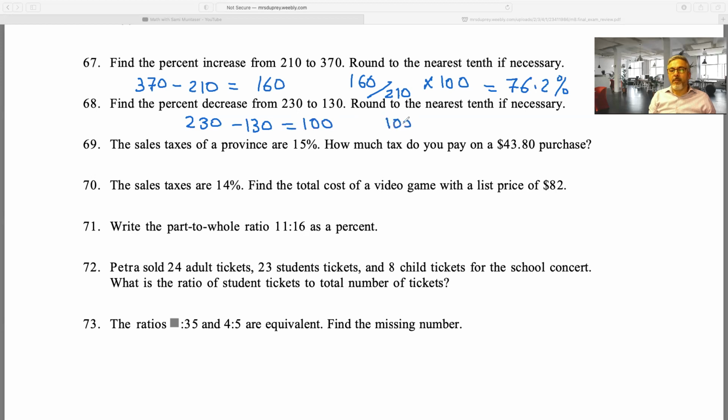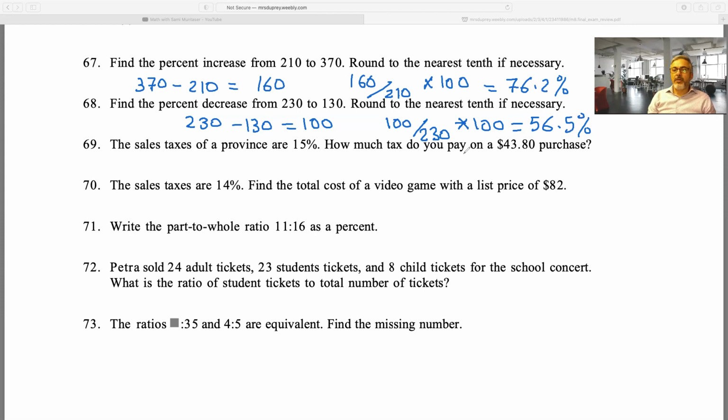Now you take the 100 divided by 230 and multiply by 100. And that gives you 56.5%.